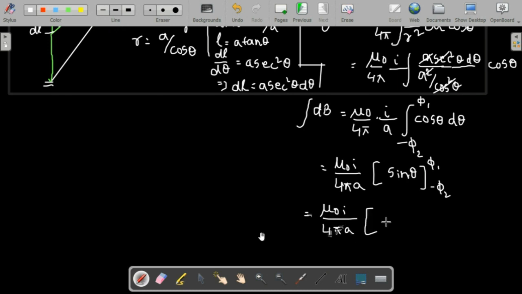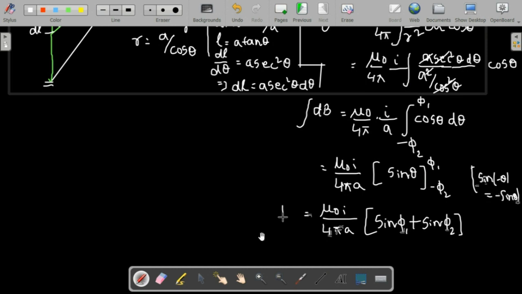The upper limit is phi 1, so I can simply write sine of phi 1, minus the lower limit, but we know that sine of minus theta is equal to minus sine theta. So sine of minus phi 2 is minus sine phi 2. Minus minus will become plus, and this will be plus sine of phi 2.